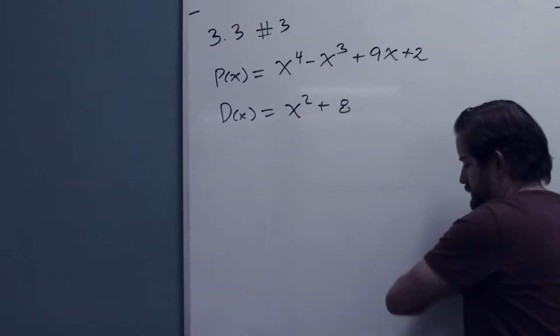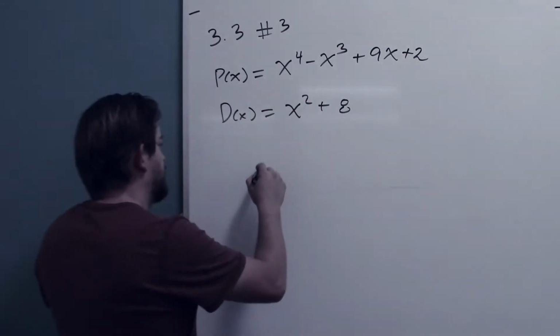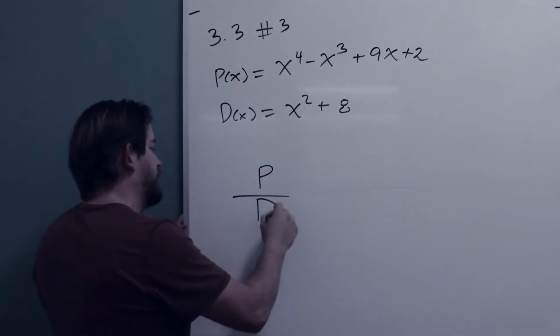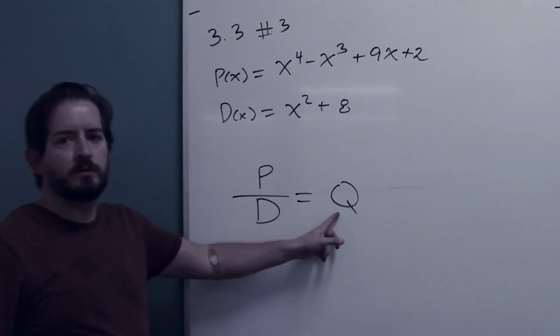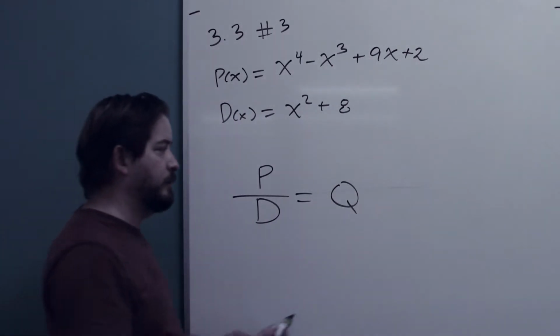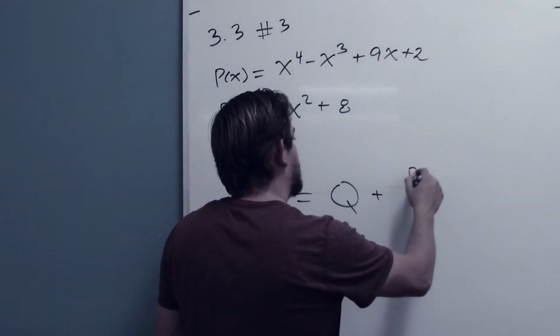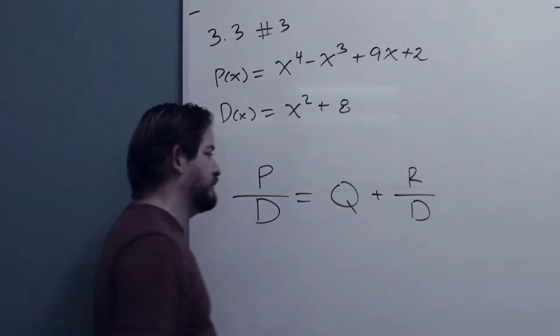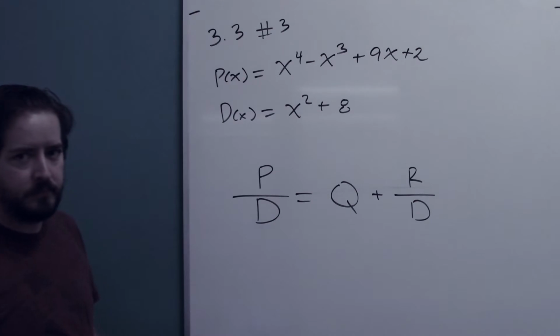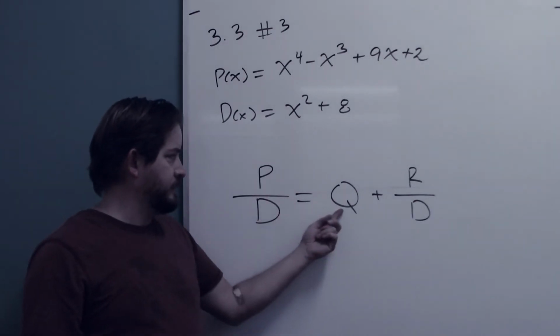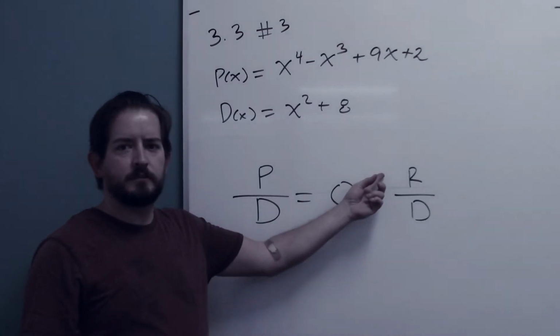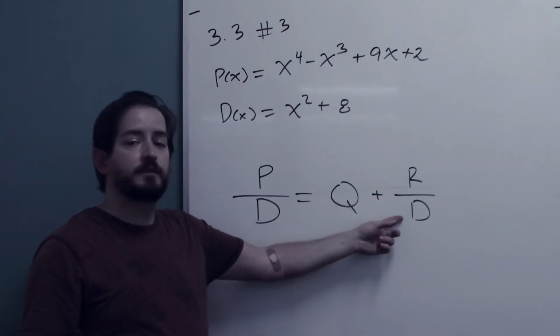I apologize, but when the polynomial P gets divided by the divisor, if it went evenly, it would just be some nice quotient. If it doesn't go evenly, we would say that we have some remainder, and that remainder just stays over that divisor, right? So this division yields some polynomial function plus some leftover over that original divisor.